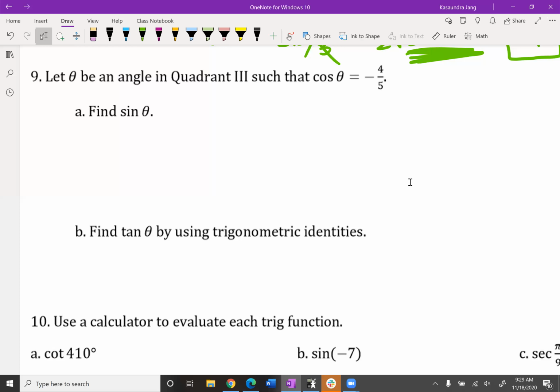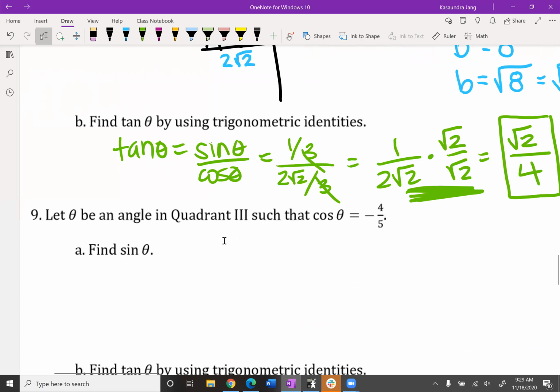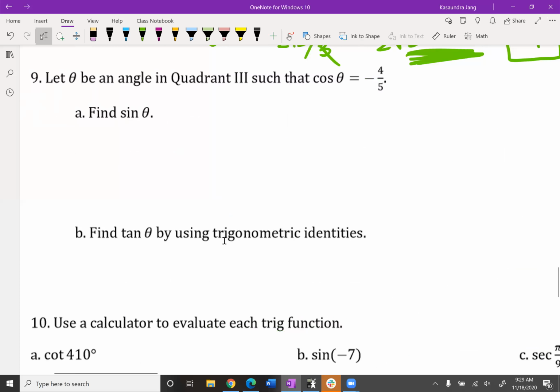D'Angelo, are you there? Yes. Awesome, D'Angelo. So I'll have you do kind of what I started with on this one. I'll have you do the triangle, find the missing side on your triangle. Okay. And then once you're done with that, let's see, Francisco, I'll have you find the sine of that triangle, okay?